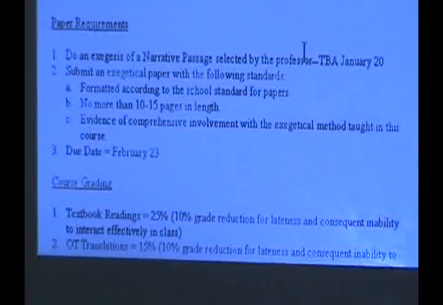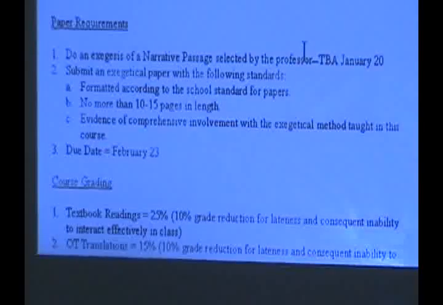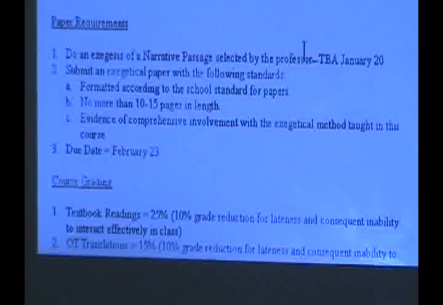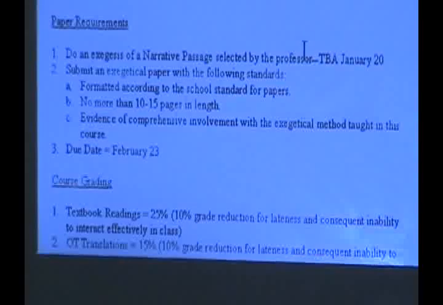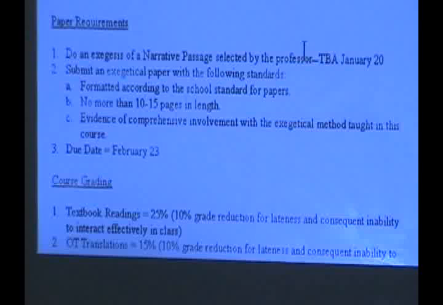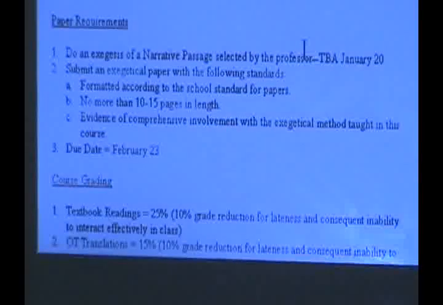But if something is significant in your passage, you show evidence that you dealt with it, for instance, a textual problem. If there's a textual problem in there, I suspect I will want to see that you have dealt with it and resolved it before you interpreted the text. You've got to know what text you've got before you can interpret it.